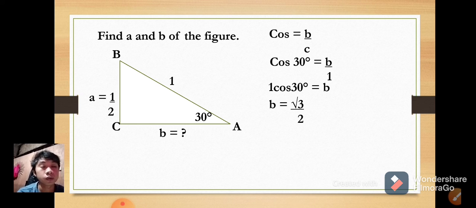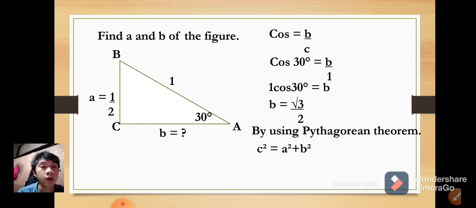There is another way of finding B, by using the Pythagorean theorem. So we make use of the formula C squared equals A squared plus B squared. B is equal to square root of C squared minus A squared.